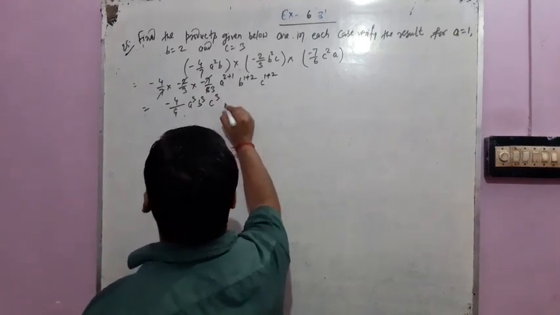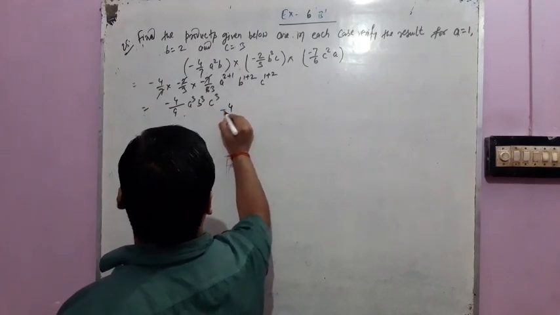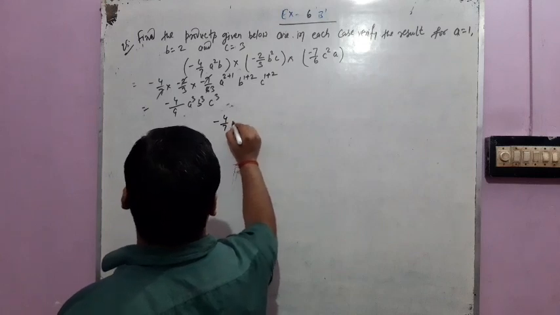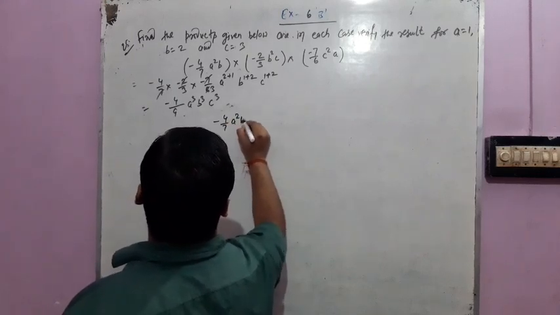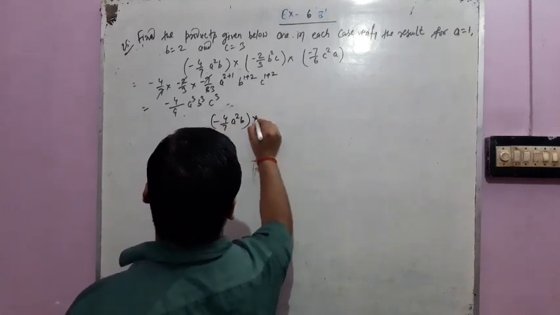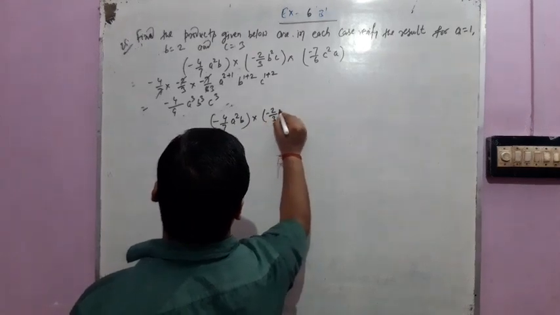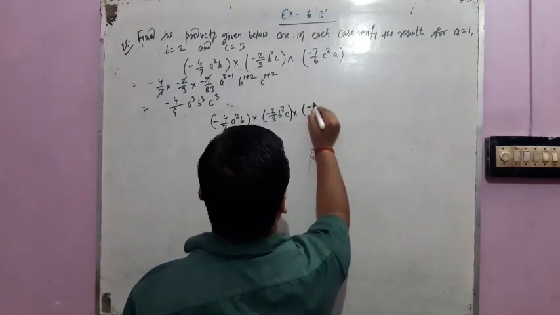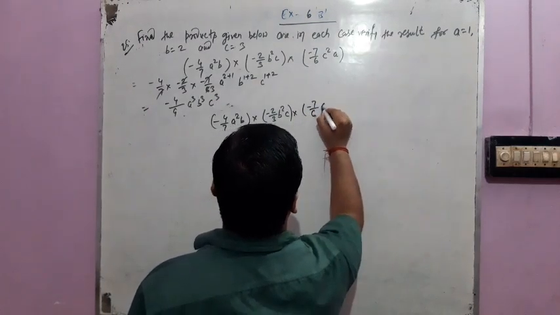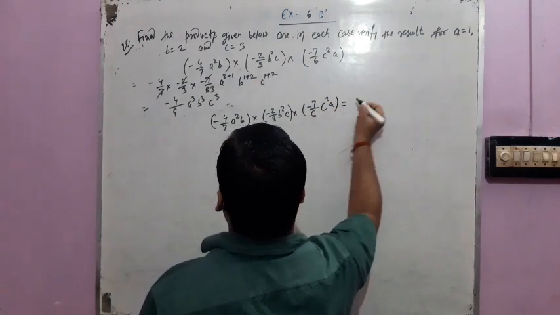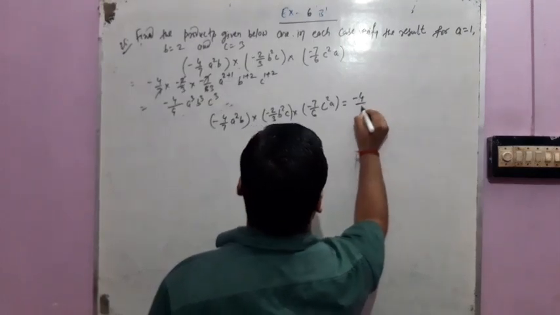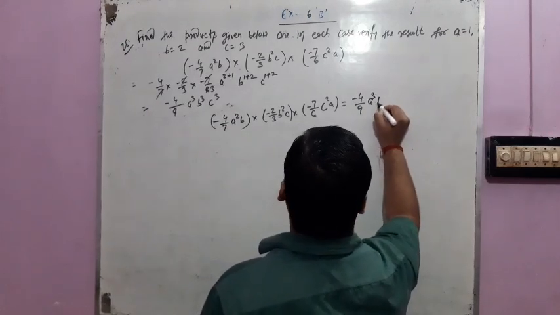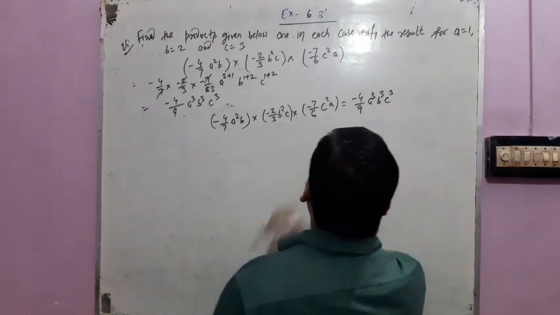So students, if we multiply minus 4 by 7 A square B with minus 2 by 3 B square C into minus 7 by 6 C square A, the product will be minus 4 by 9 A cube, B cube and C cube.